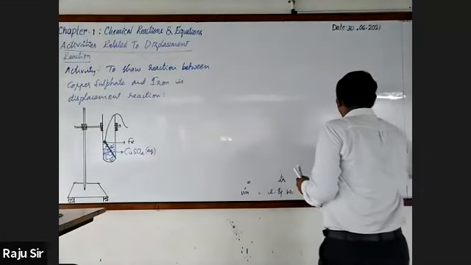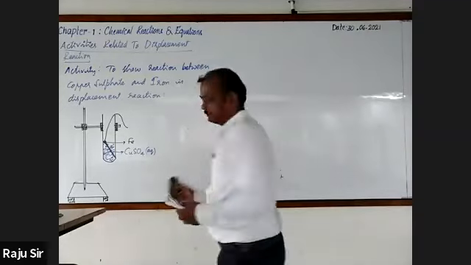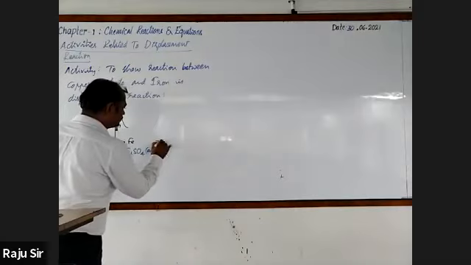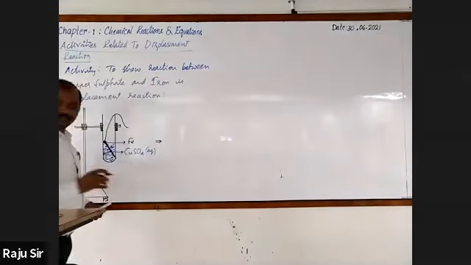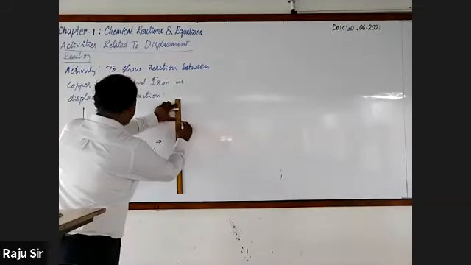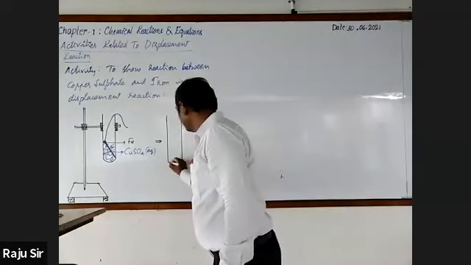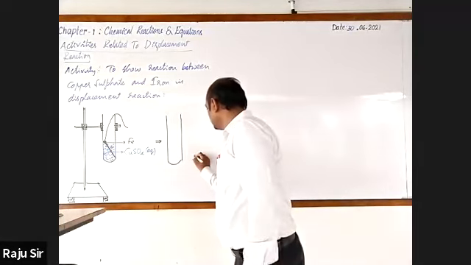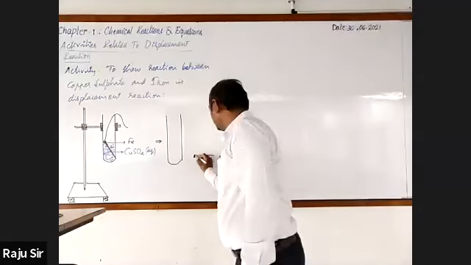Right, quickly. Again, the test tube should be drawn. Draw the test tube, this one only. Then next, the iron nail.